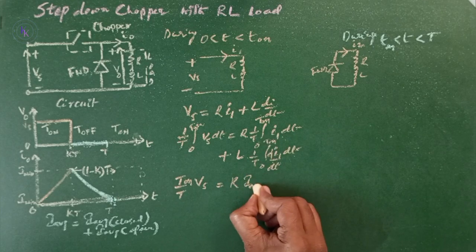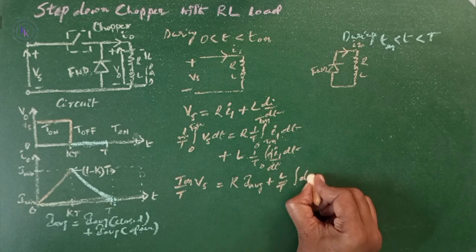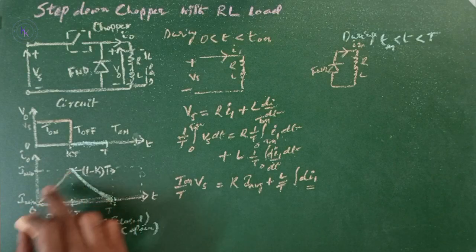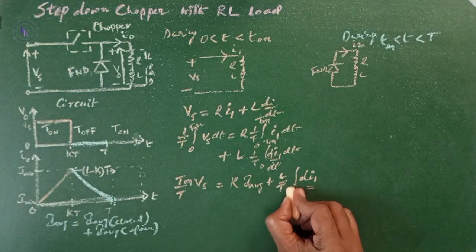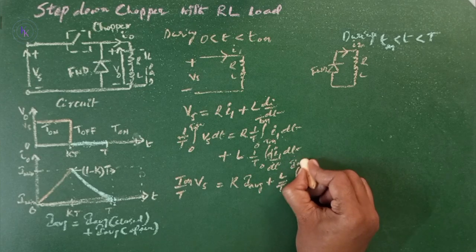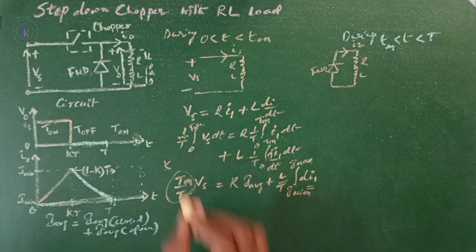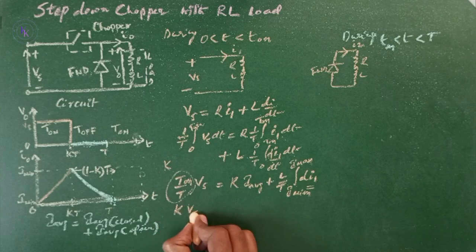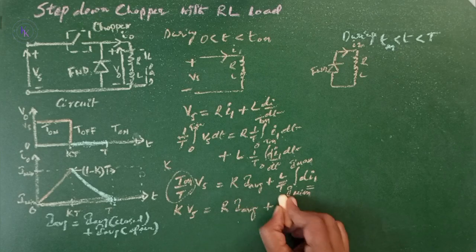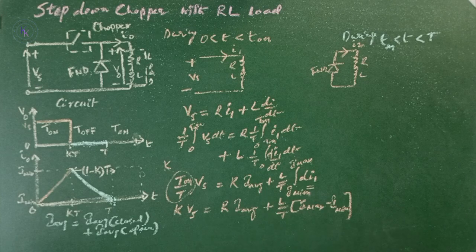So I average plus L by T integral di1. The I1 value is from minimum to maximum, or initial value to maximum value, so I minimum to I maximum. This is nothing but the duty ratio K. So K Vs equals R I average plus L by T of I max minus I minimum.